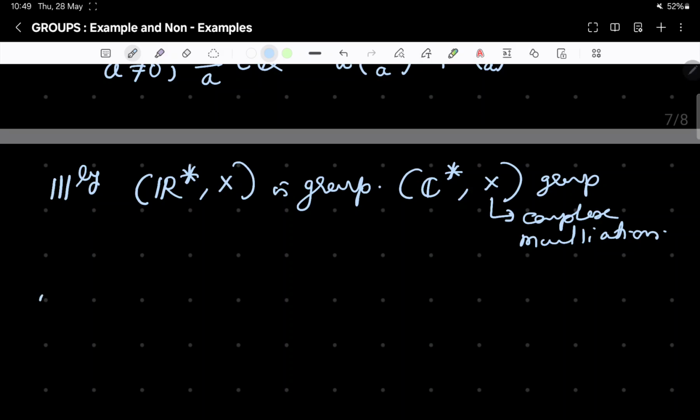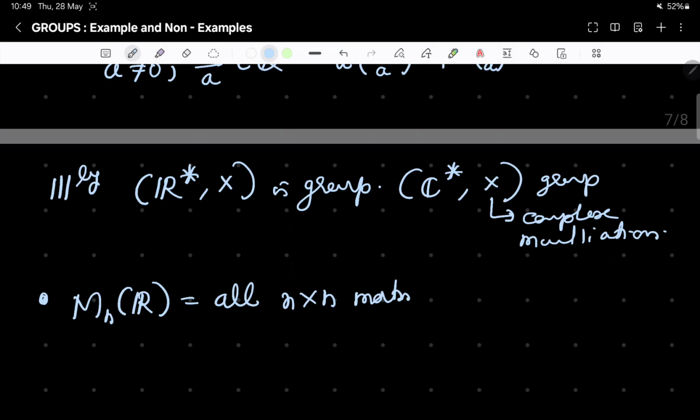Okay, now let's move to different types of sets. Like we can take the set of all matrices. So let Mn of R denote all n by n matrices with real entries.